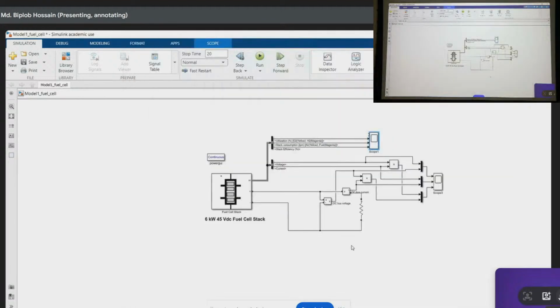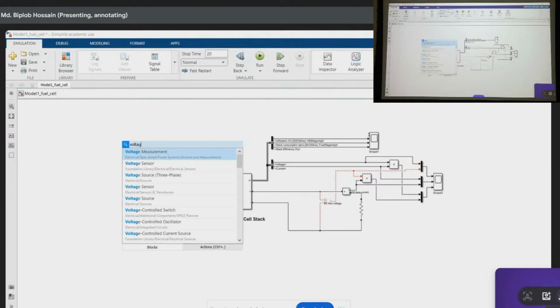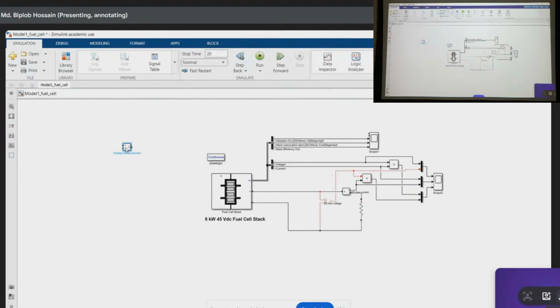So before we took here voltage, for example, if we have to remove here, so this is double click, voltage measurement block, the same things we have just placed here. So this line here we see, this is the first channel. In this oscilloscope we have 3 channels. The first channel has 2 inputs, this one and this one. This one is measuring our load voltage, the lower one, and this one is measuring our fuel cell stack voltage.